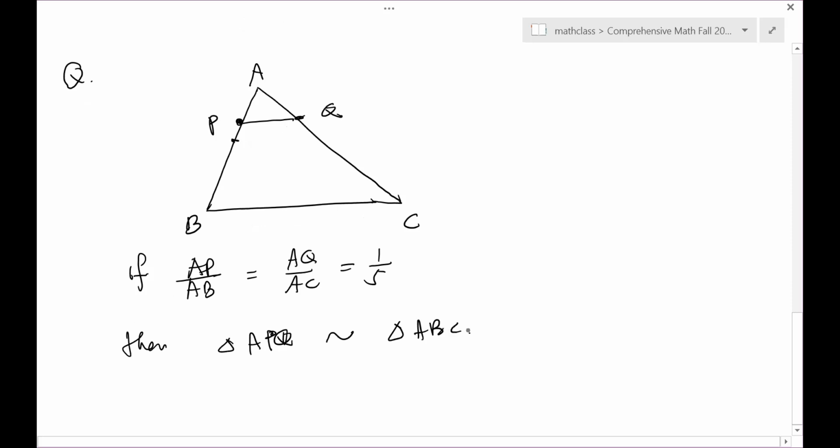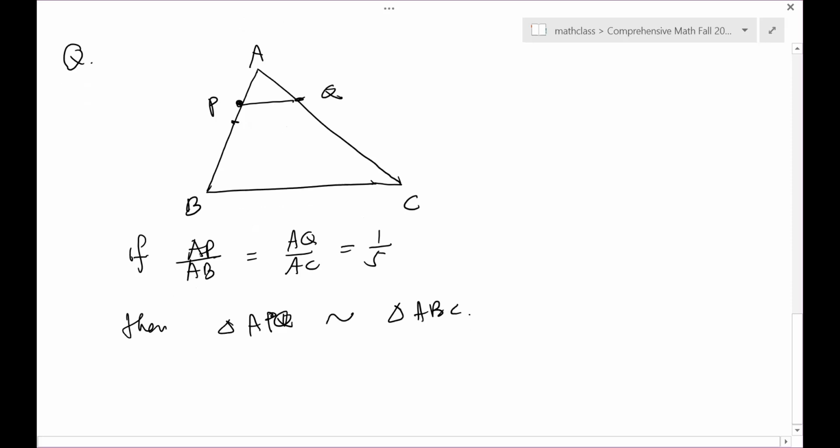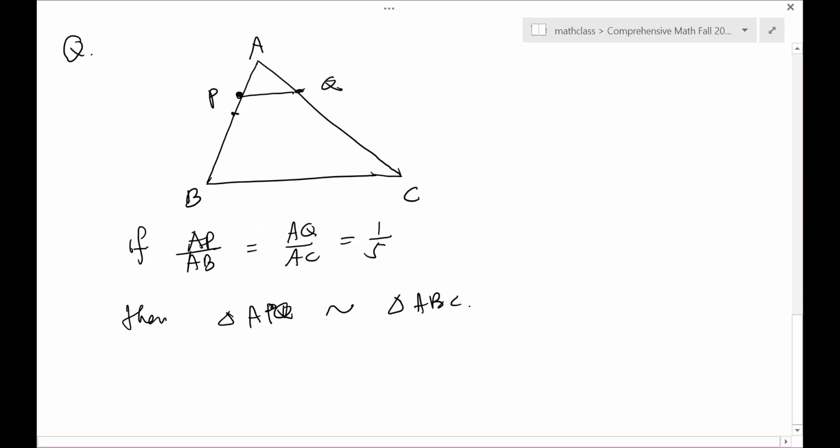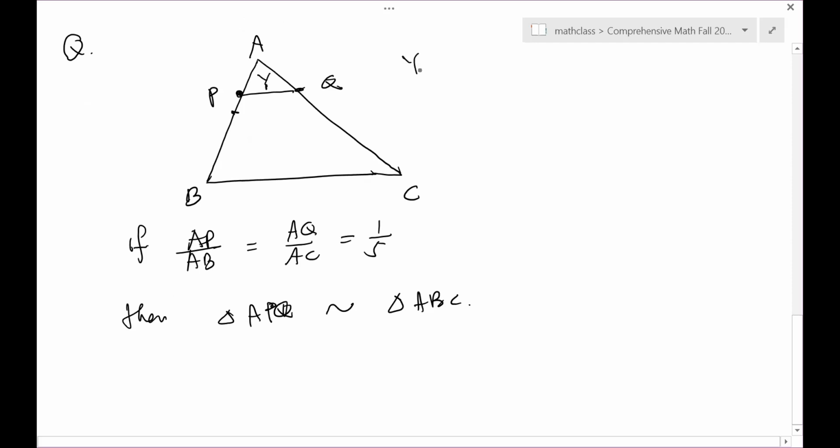So using similarity, if you compare the areas, if you know this area, I'm going to call it Y. Y is going to be the area of the triangle APQ.